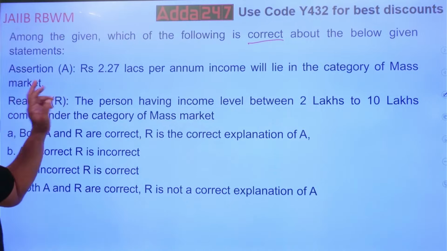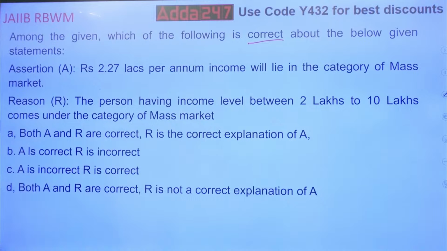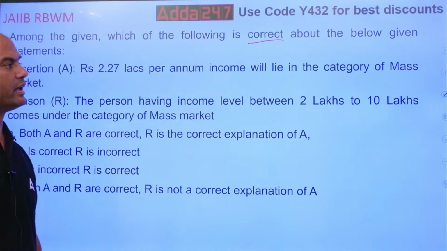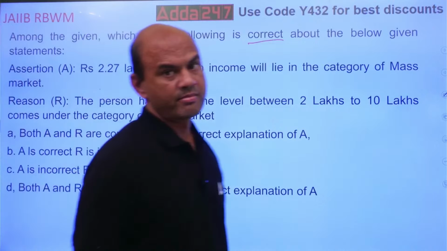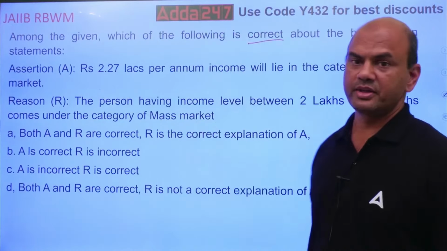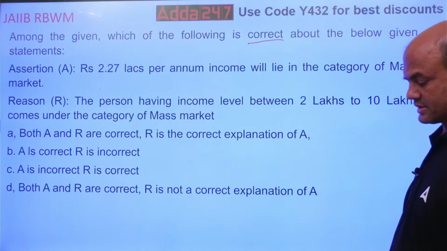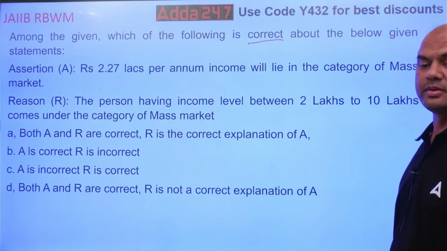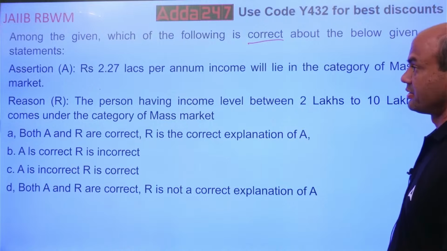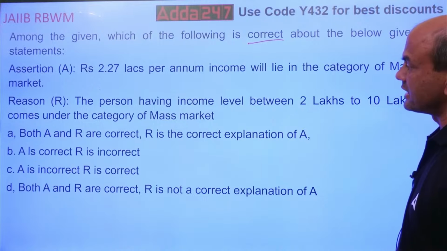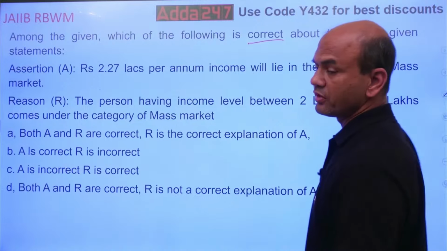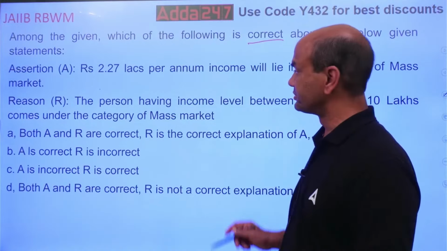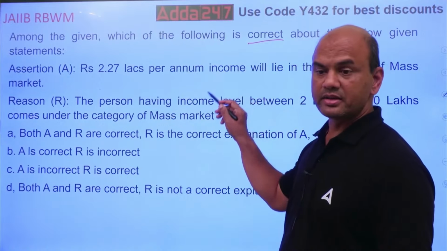Assertion means this is a statement. An income of 2.27 lakhs per annum will lie in the category of mass market. If somebody has an income of 2.27 lakhs per annum, then that person will be in the mass market segment. The reason: a person having an income level of 2 to 10 lakhs will come under the category of mass market. Now this is the statement, and this is the reason.